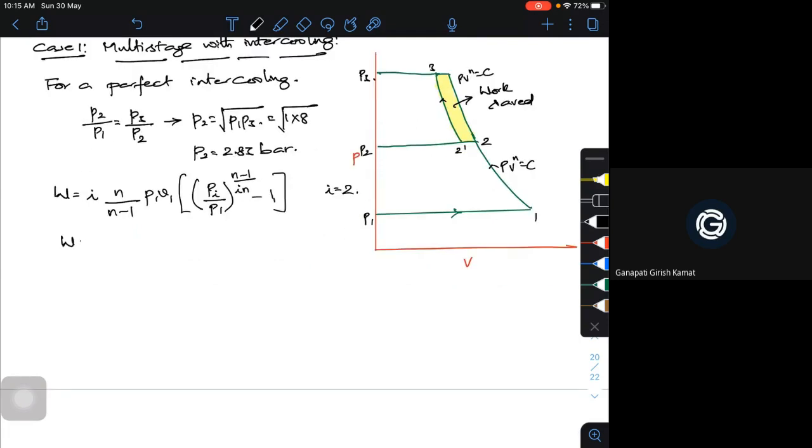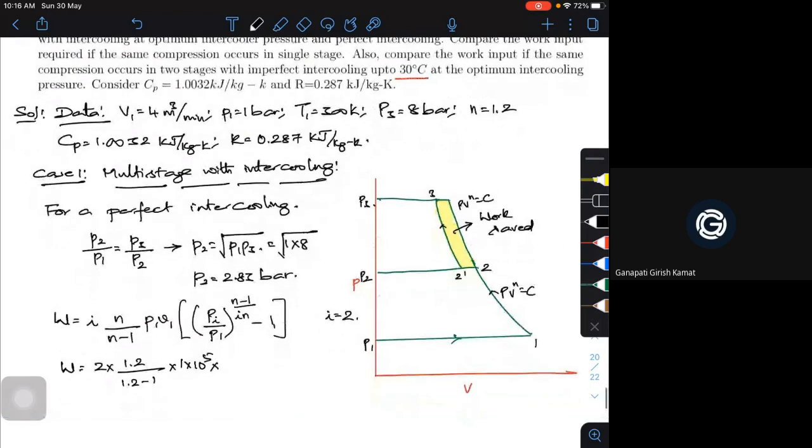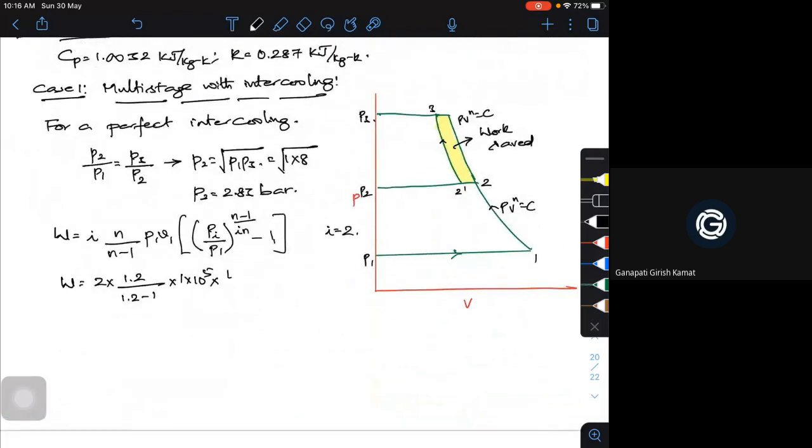So work is given by 2 into 1.2 divided by 1.2 minus 1 into P1, which is 1 bar, that is 1 into 10 to the power of 5, into V1, which is given as 4 meter cube per minute, so 4 by 60, into 8 by 1 whole to the power of (1.2 minus 1) divided by 1.2 minus 1.